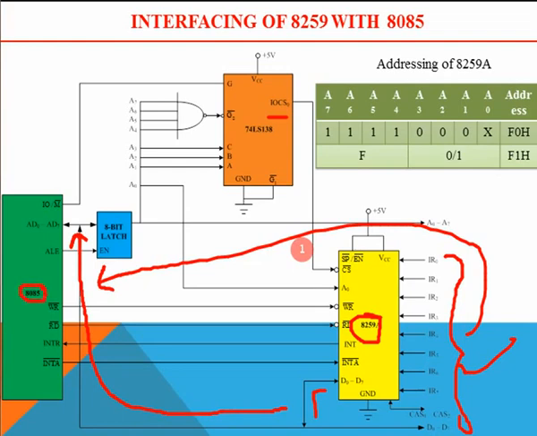Read and write signals are connected to read and write signals of 8085 respectively. The interrupt request signal INT from 8259 is connected to the INTR signal of 8085, and further the interrupt acknowledgement signal INTA of 8085 is connected to the interrupt acknowledgement signal of 8259.